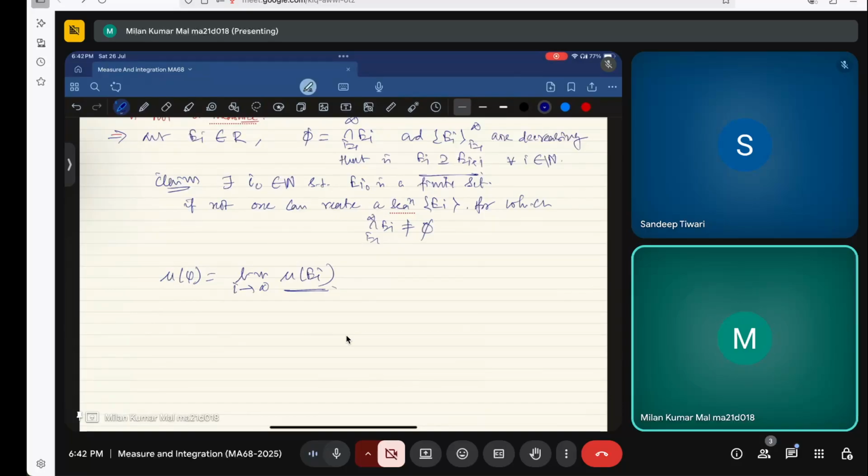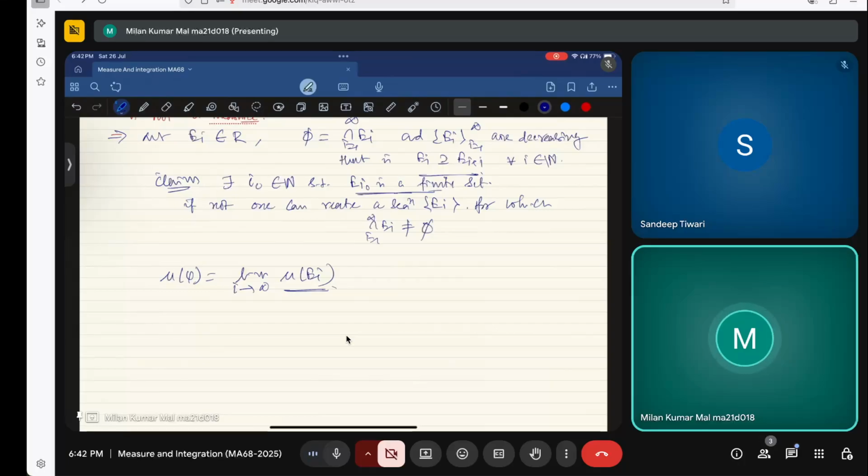So if E_i is not finite, then what is the problem? I have to show that E_i is finite at some point. If it is finite at some point, then E_{i+1} and the later ones, being subsets of that, will be finite subsets, and their measure will be zero.